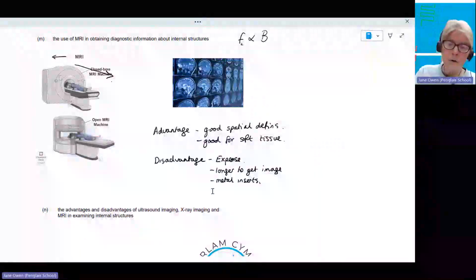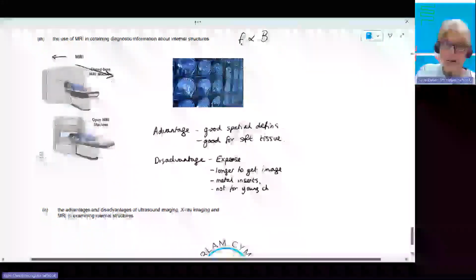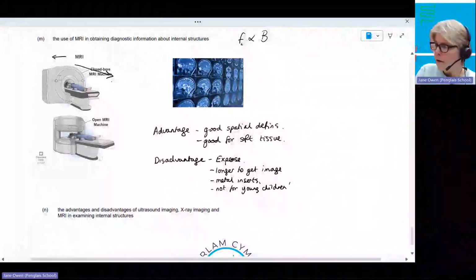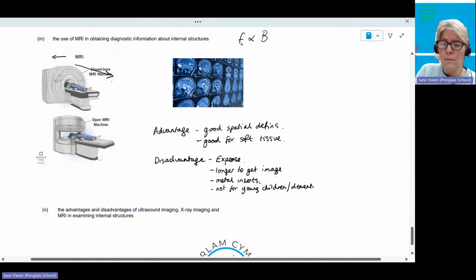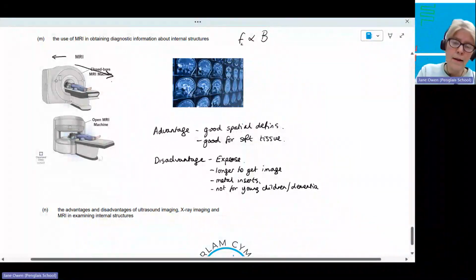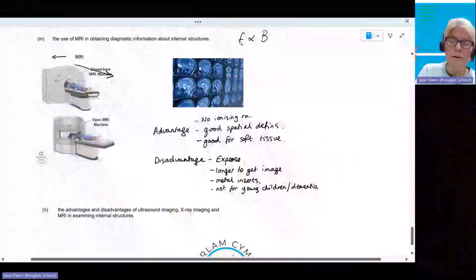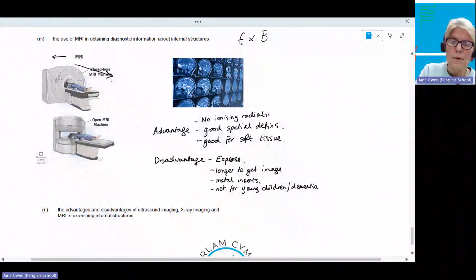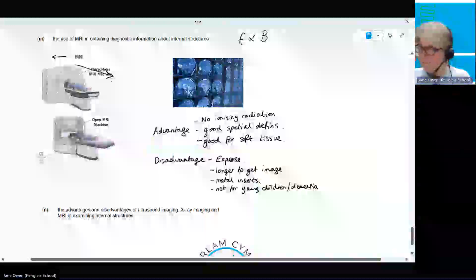It's not for young children who can't keep still, not for people who suffer from dementia or claustrophobia. But there's no ionizing radiation once again. So the effect on the body with radiation damage is non-existent.